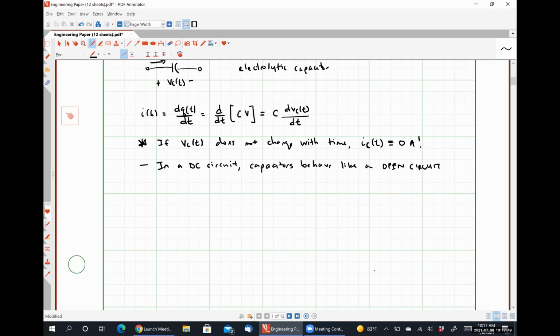All right, so we can do a little bit of mathematical manipulation of this equation, which I'm going to call equation 1.